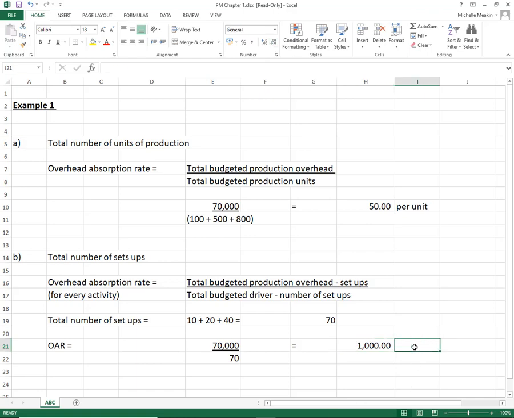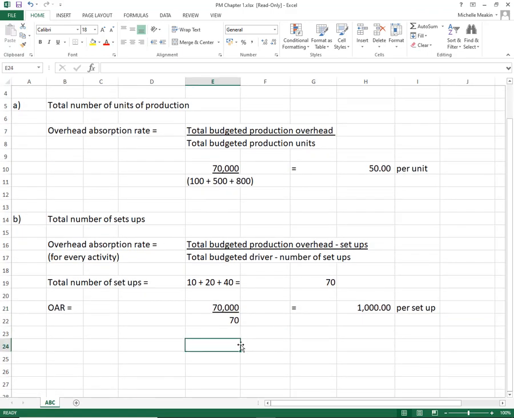That 1,000 is not based on a per unit basis, it's based on a per setup basis. Therefore, what we need to do is we now need to then absorb the activity cost into the product.